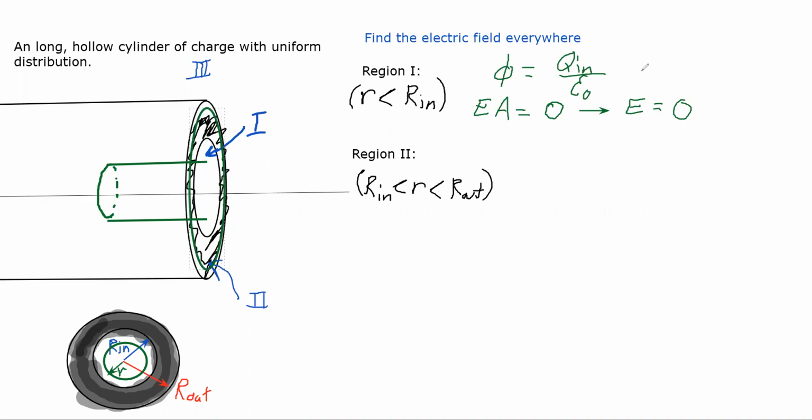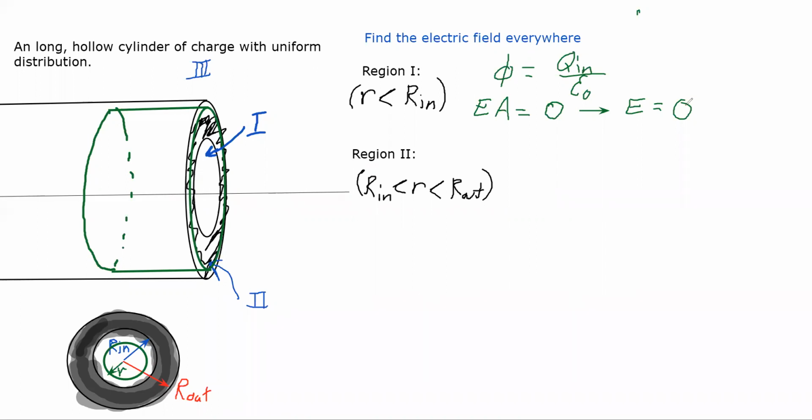It's not going to look great. So my Gaussian surface looks something like that. Okay, so there's my Gaussian surface.